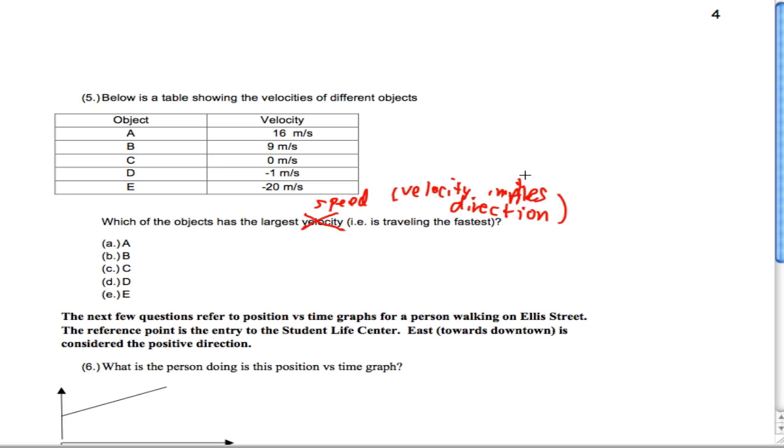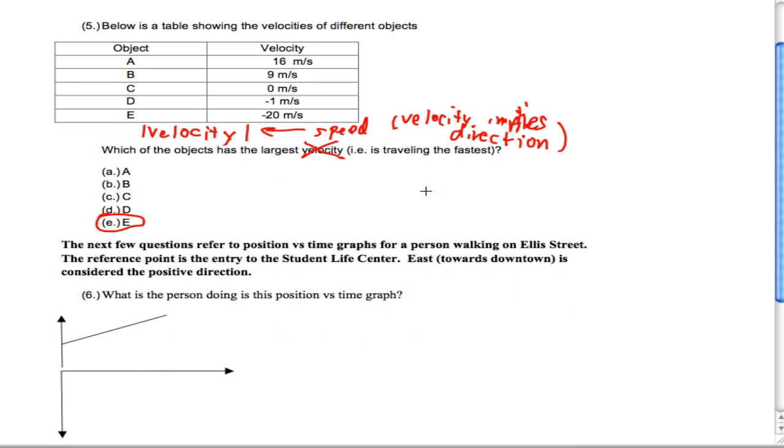Which of the objects is traveling fastest? That would be object E. Just reading the number. Again, it's absolute value that we care about when we talk about speed. So in one dimension, remember that speed is the absolute value of velocity.